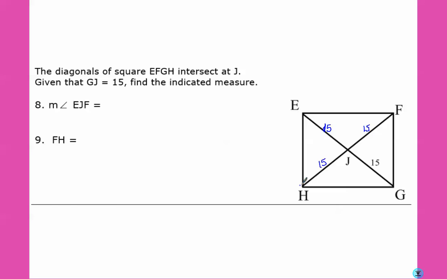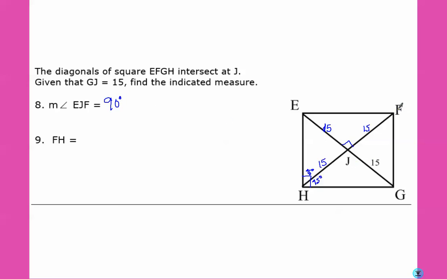We also know the diagonals cut the angles in half, so if the whole thing's 90, each piece is 45 degrees. So E, J, F, E to J to F. That's where the diagonals intersect. Diagonals intersect at a 90-degree angle in a square.